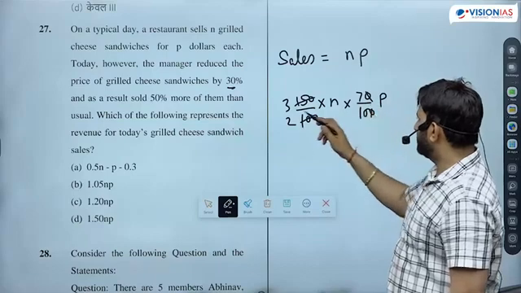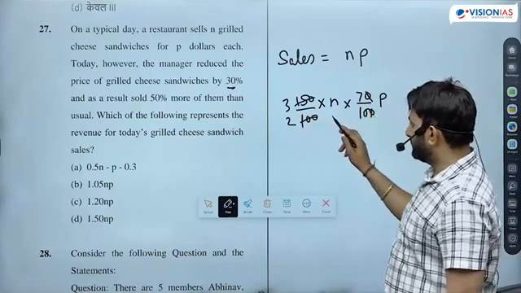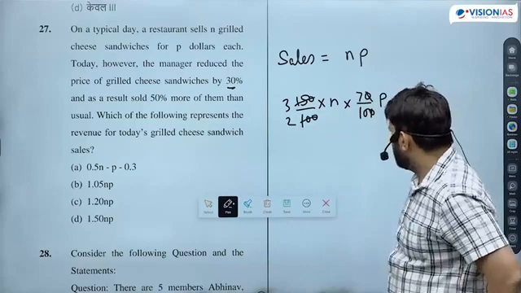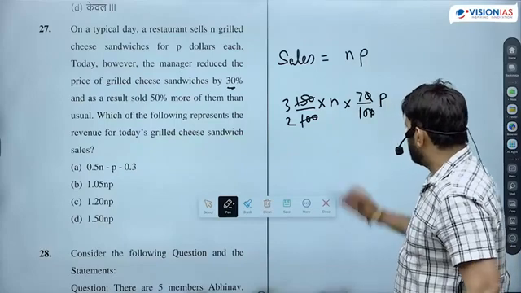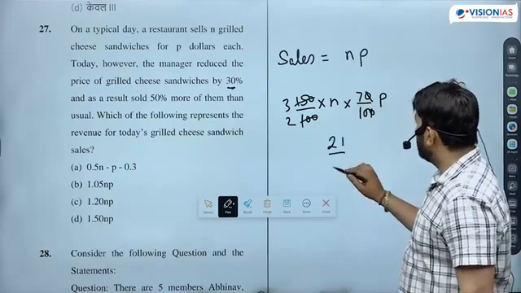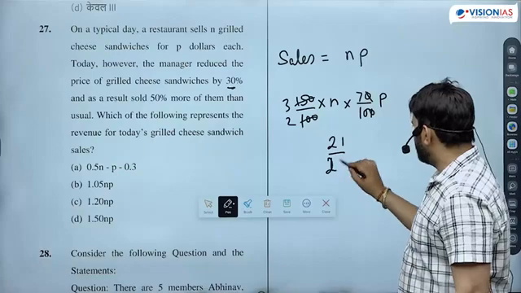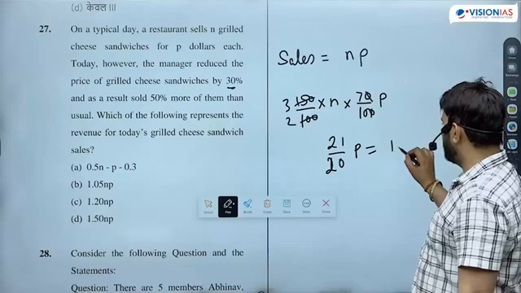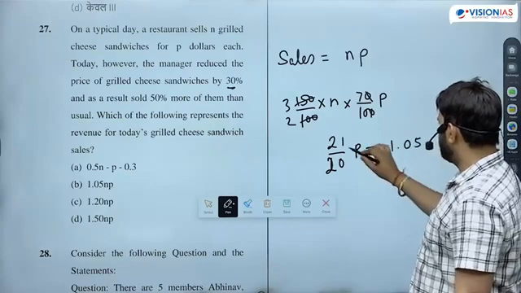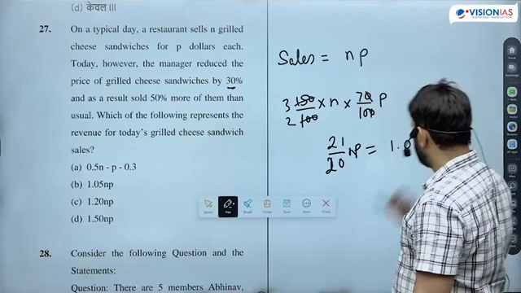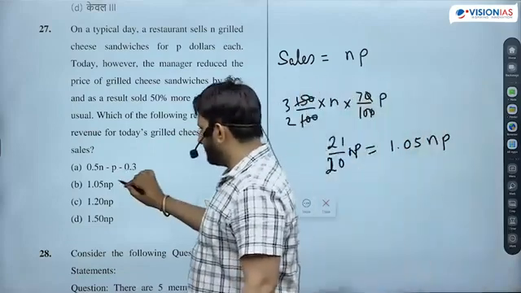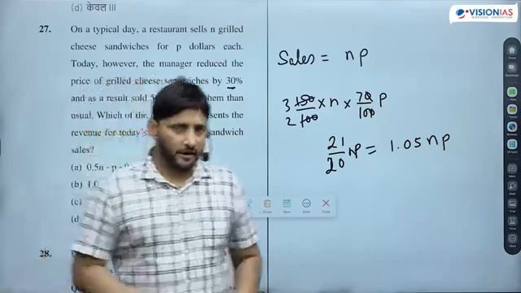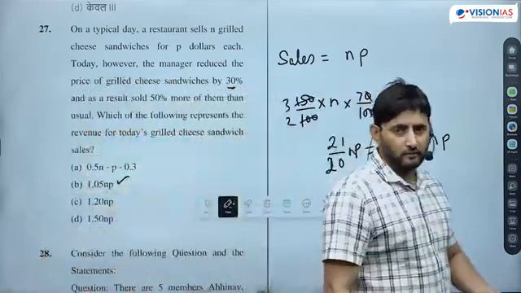So what you are getting? 3 7 ja 21 by 20. 21 upon 20 P. That is coming out to be 20 से cancel out करेंगे तो what you will get? 1.05 N into P. 1.05 NP, that is B. NP was the original sales and now the sales will be 5% more, that is 1.05 NP.